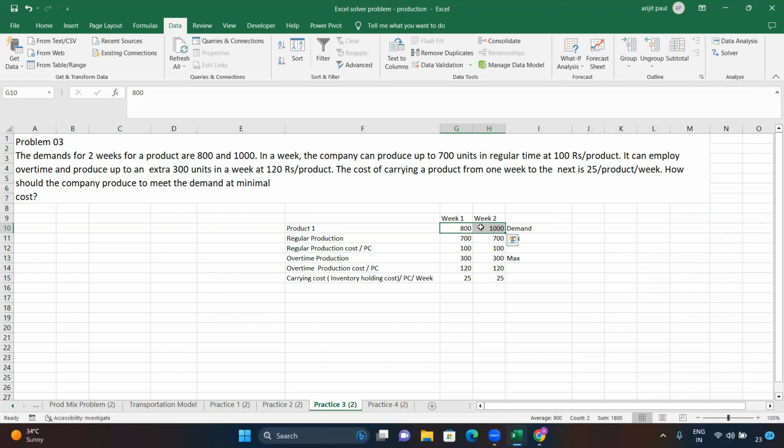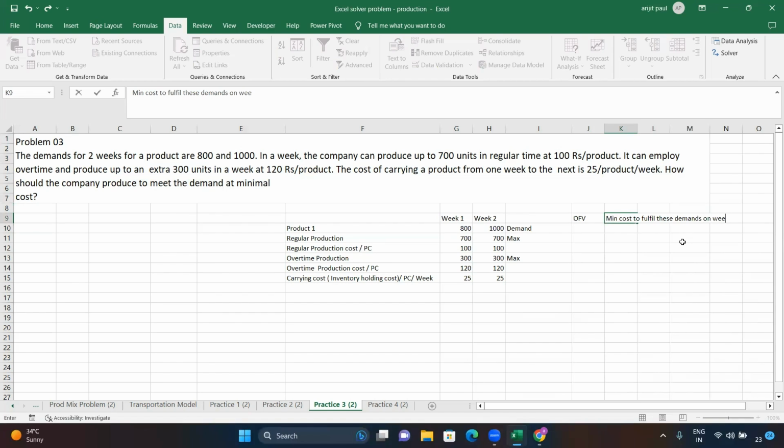And also we need to find out what will be the minimum cost to fulfill these demands on a weekly basis. So this will be our objective.